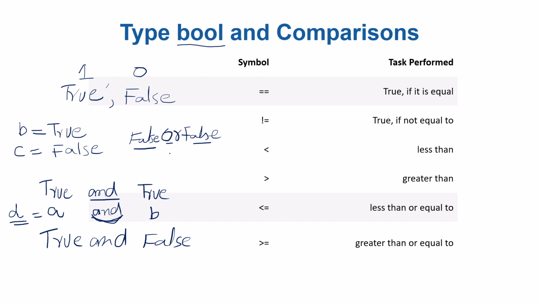Remember the difference between AND and OR. AND will result in False if at least one of the two operands is False. AND will result in True if both of the operands are True, otherwise it is False. OR will result in False if both of the operands are False, otherwise it is True.